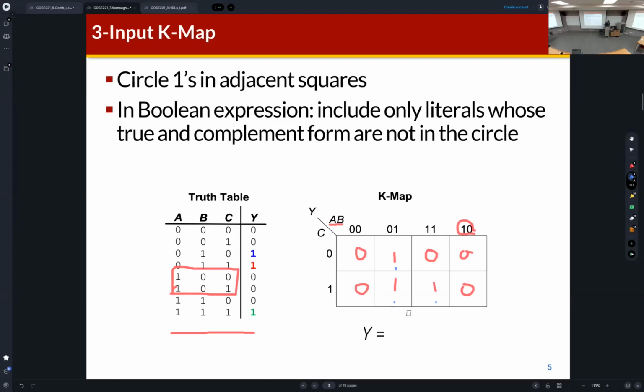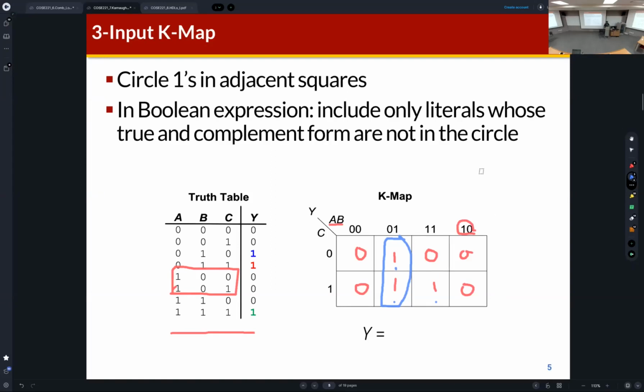But we want to optimize this Boolean equation using Karnaugh Maps, so we need to find the largest group. In this example, the largest group is this one.